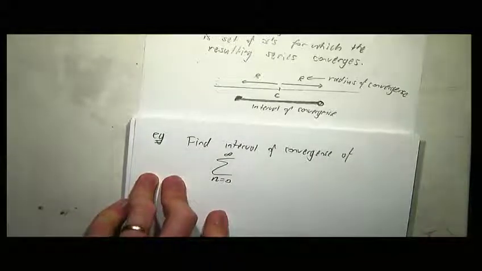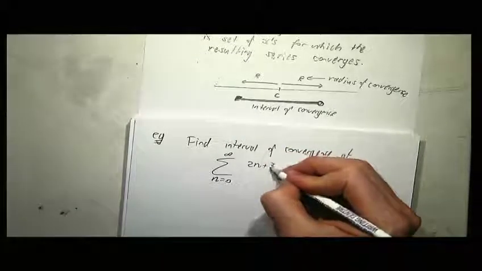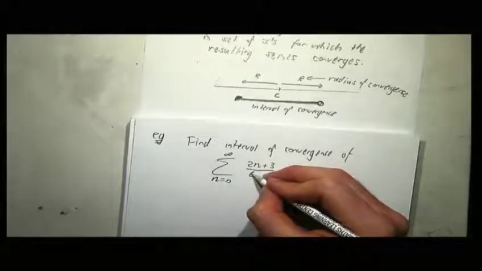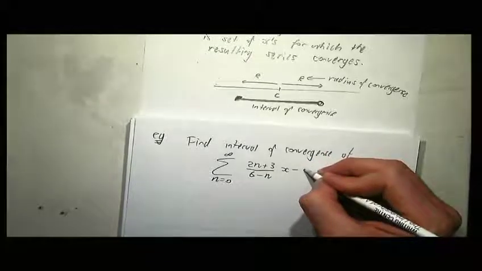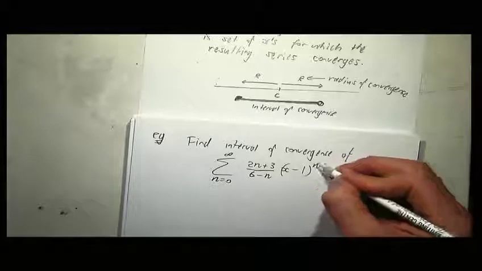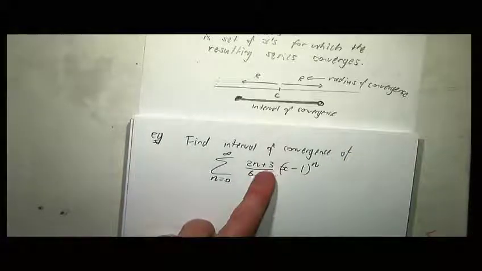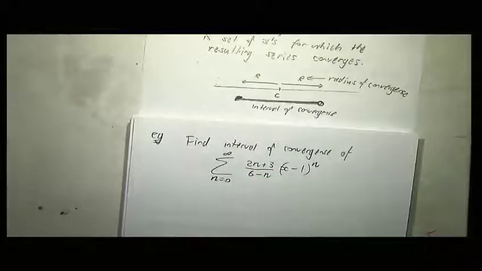Just give me a second. Yep, it will be a 0. So that's 2n plus 3 all over 6 minus n, and x minus 1 to the power of n. So that number c I was pointing out, the centre, is 1 in this case.